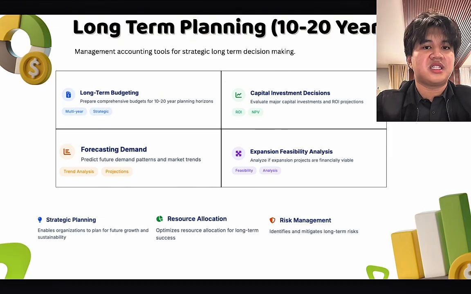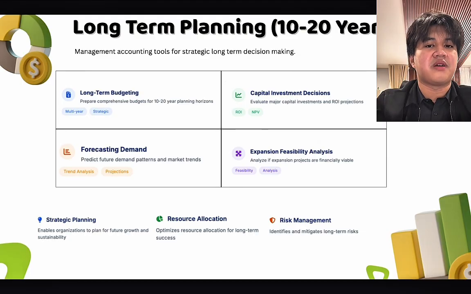What it does is through long-term budgeting, forecasting, evaluating expansion projects, and analyzing future profitability. By estimating the future revenue, cost, and market demand, managers can make strategic decisions today that support long-term business growth. This ensures that the resources are invested in the projects that align with the company's future.